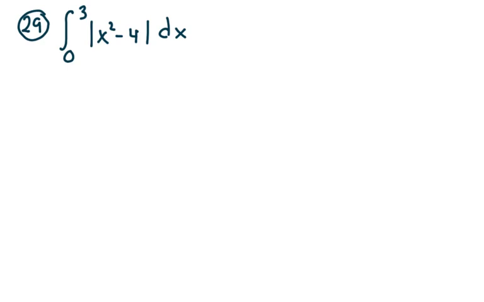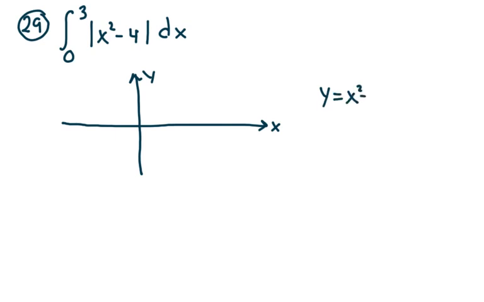Okay, what's going on with this one? Well, what I want to do is graph y equals x squared minus 4 first, and see what that looks like.